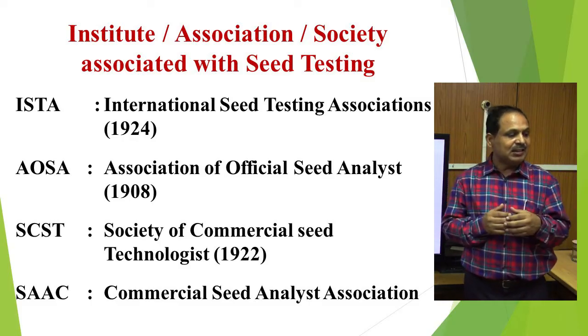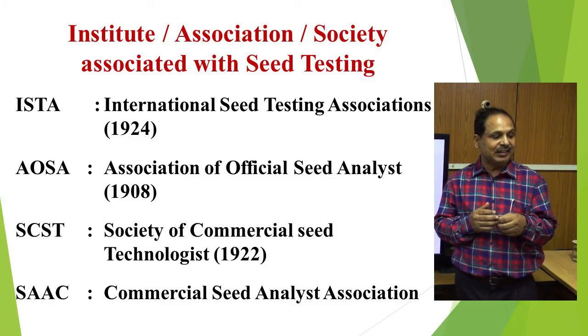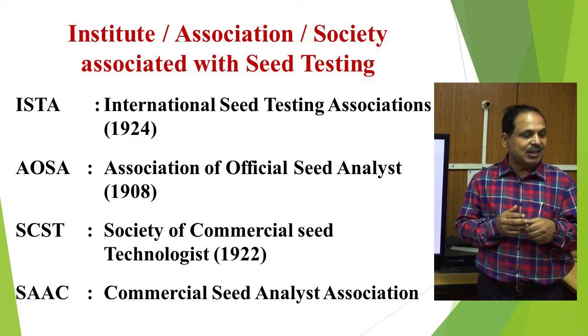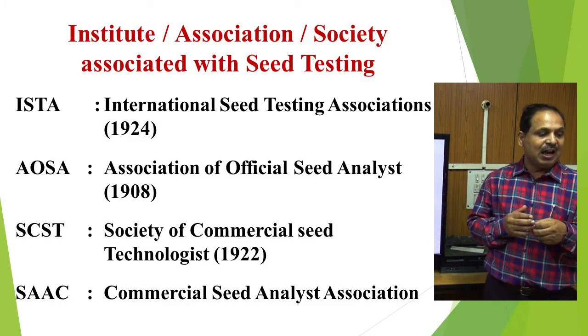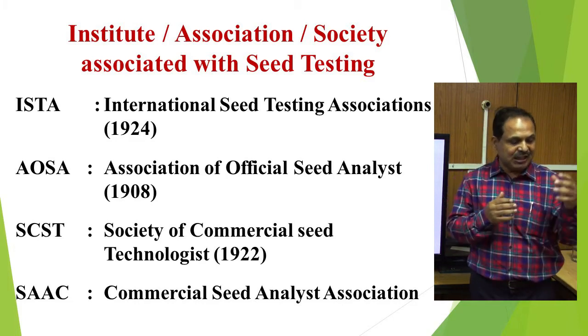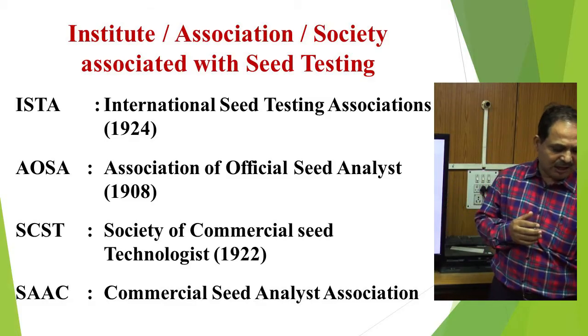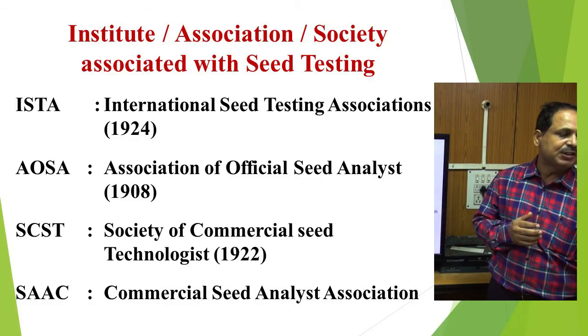Some other agencies are AOSA, the Association of Official Seed Analysts, SCST, the Society of Commercial Seed Technologists, and the Commercial Seed Analysts Association. These are some of the agencies related to seed testing procedures and guidelines.